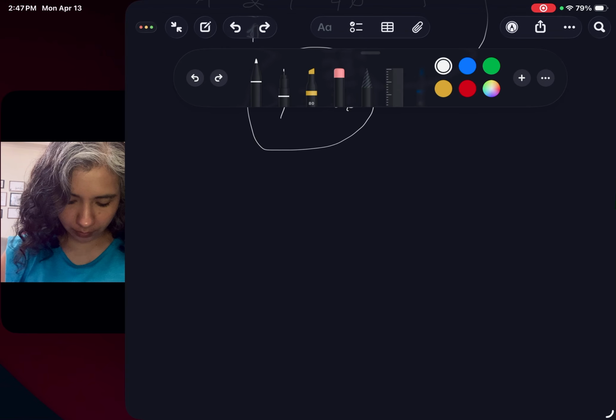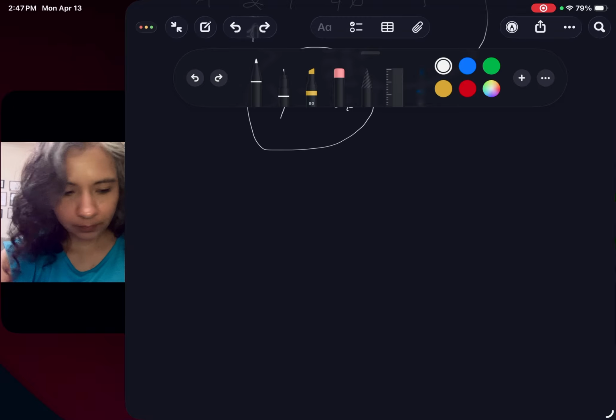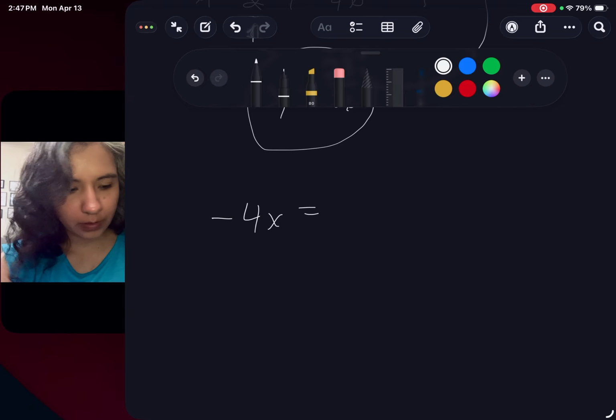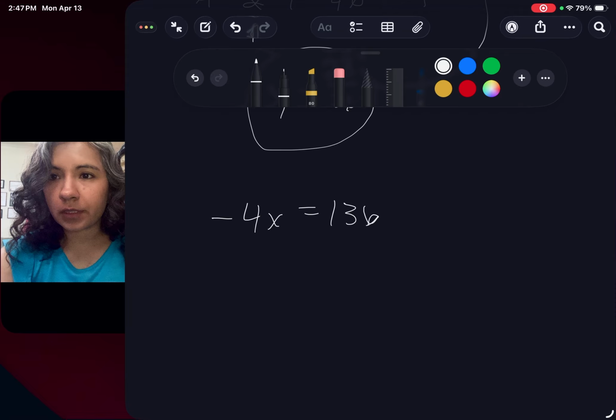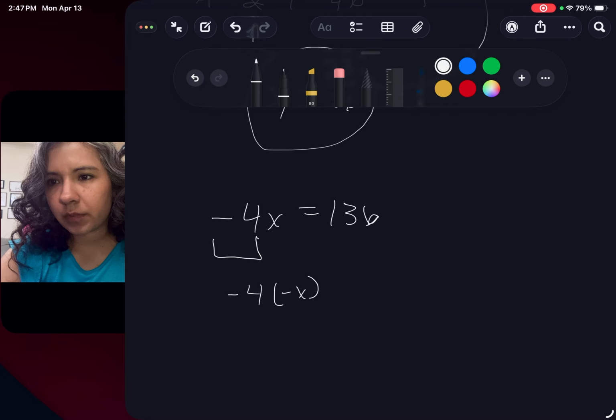Let me do, so like this one, sorry, that's 136. Oops, that's not a 6. So in this equation, this coefficient is negative, and x is not negative, because otherwise it would be like this.